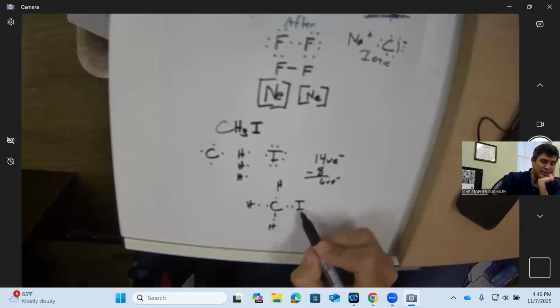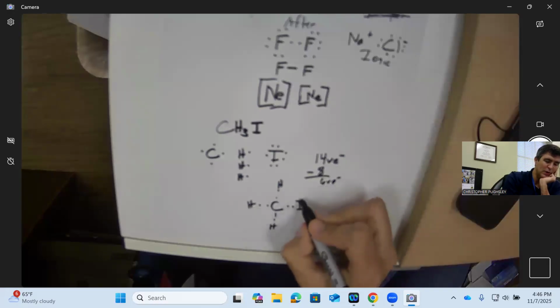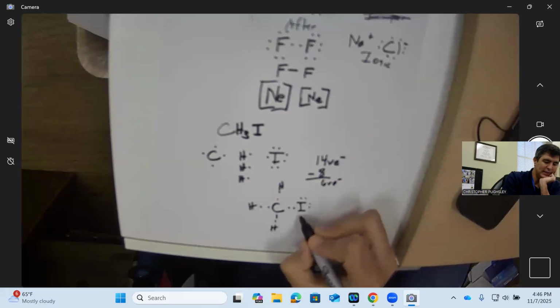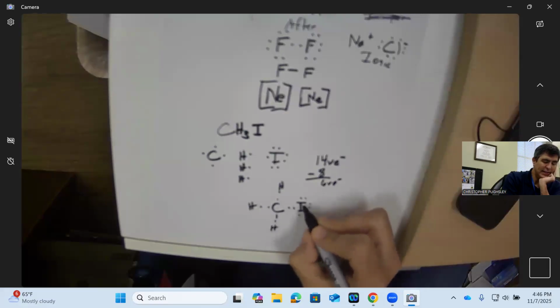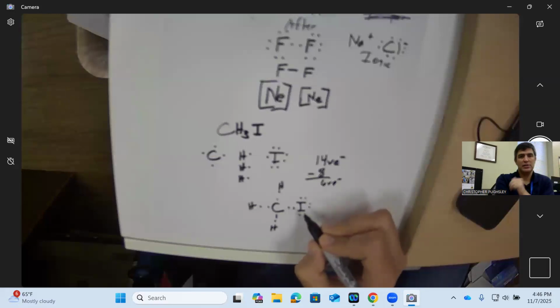Iodine, I have only got 2 for it, but I have 6 electrons still left. So I'm going to put all those 6 right around iodine. And that gives iodine 6 valence electrons that are lone pairs, and 2 that are shared pairs.